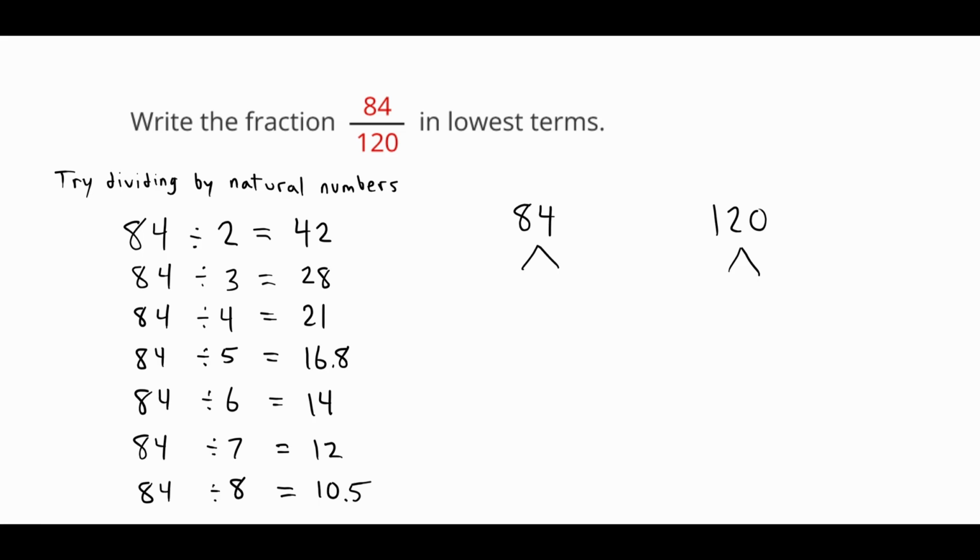We want to look at those results, and if we see a case where the result of dividing gives us a whole number, then we know that 2 is a factor of 84, and even 42 is a factor of 84 as well. When we divide 84 by 3, we get again a whole number, which means both 3 and 28 are factors of 84.